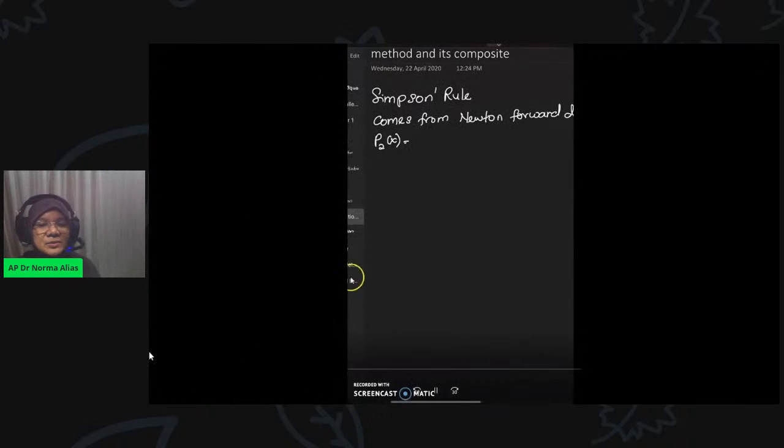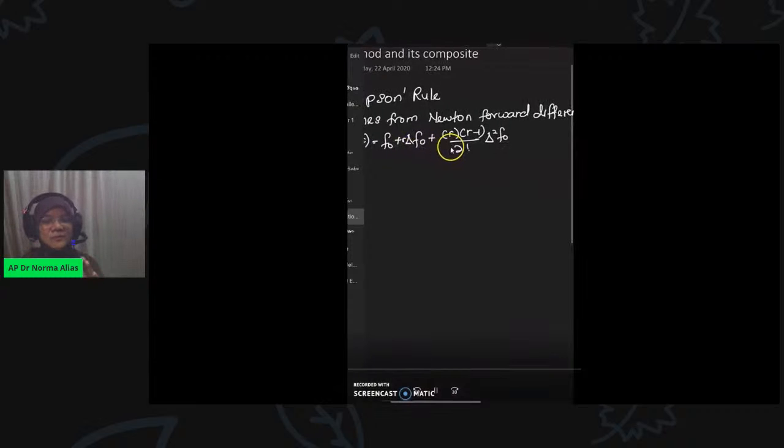Okay, Simpson's rule, we derive from the Newton forward divided difference formula. You still remember the Newton forward difference formula: f0 plus r delta f0 plus r(r minus 1) divided by 2 factorial delta squared f0. All right, so it comes from this formula.